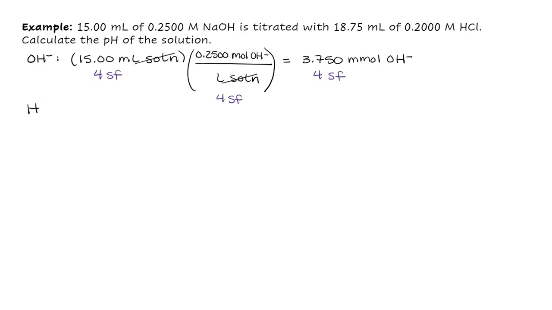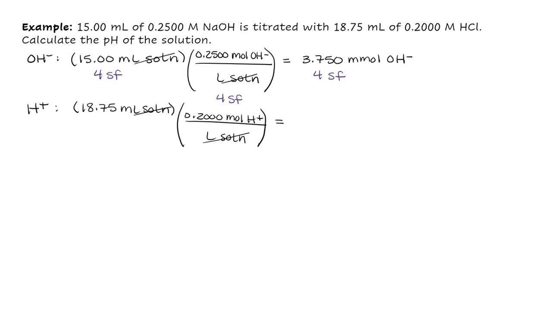Calculating our H+, we have 18.75 milliliters of solution times the molarity of the H+, which is 0.2000 moles of H+ per liter of solution. Liters of solution will cancel.